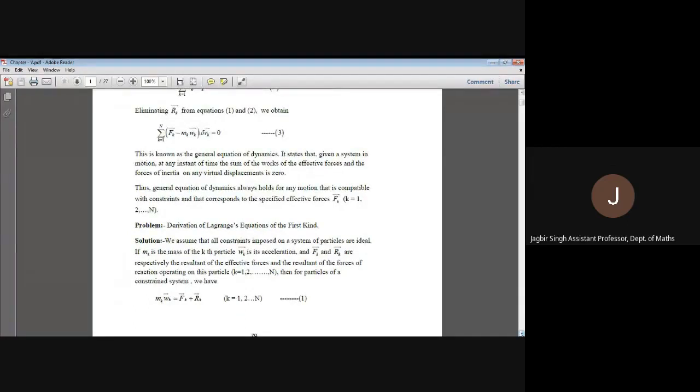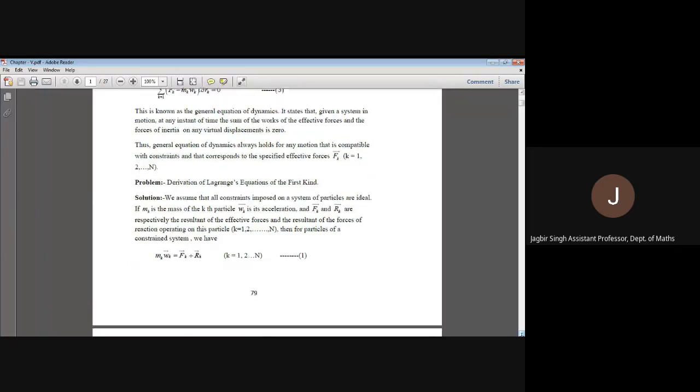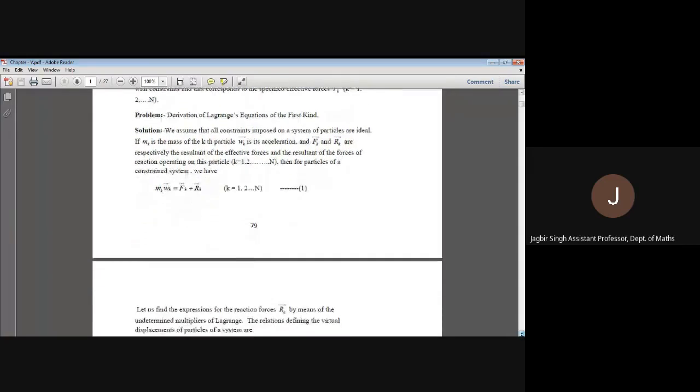Initially, we are assuming that a constraint system is given, mk is the mass of the kth particle, wk is acceleration, fk and rk are the effective and reaction forces respectively. So due to the constraint system, equation number 1 will exist: mkwk will be equal to fk plus rk.